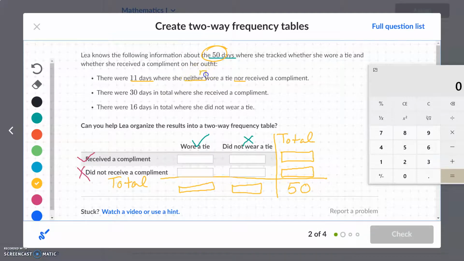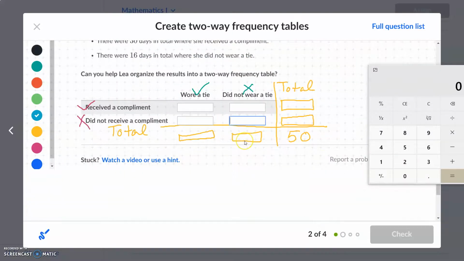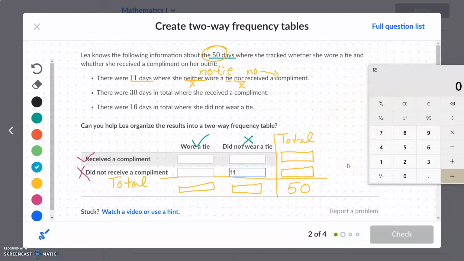So no tie, no compliment. So that's a no and no. That's going to be 11. I can't write and then have to type it. So there's where my 11's going to go.